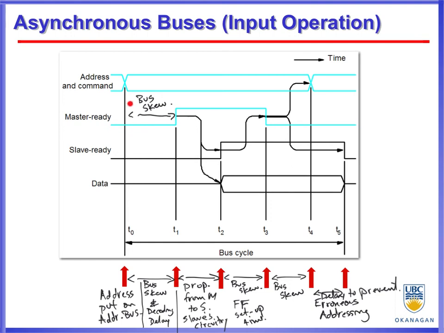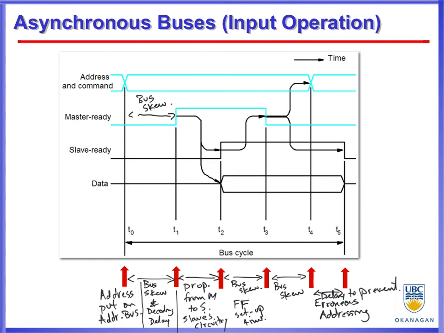This signal has to go from the master to the slave, so there's one trip. This has to go back to the master, that's another trip. So there's three trips if you want to look at it as three instead of two, because these control signals have to go, and there always has to be an acknowledgement of one control signal. So the master sends a control signal, the slave has to acknowledge it and it comes back. Then the slave sends a control signal, the master has to acknowledge, okay?